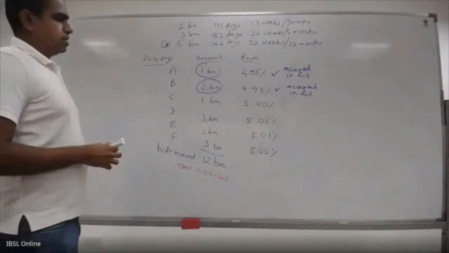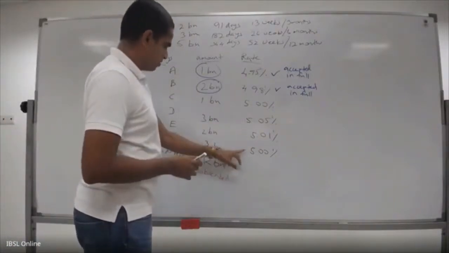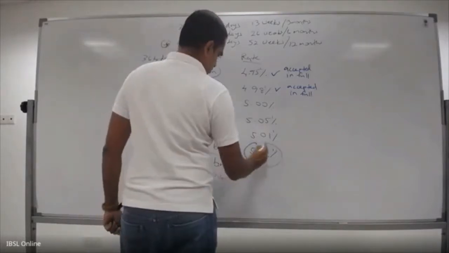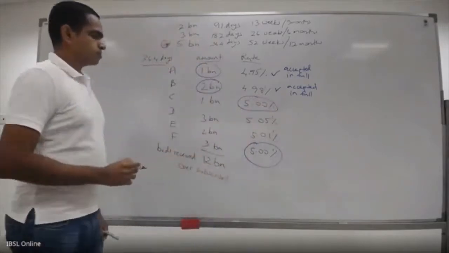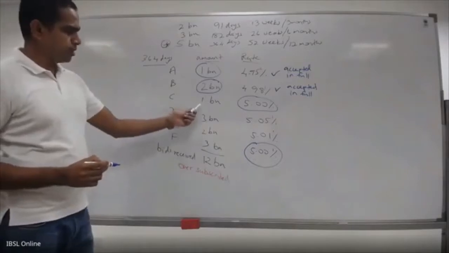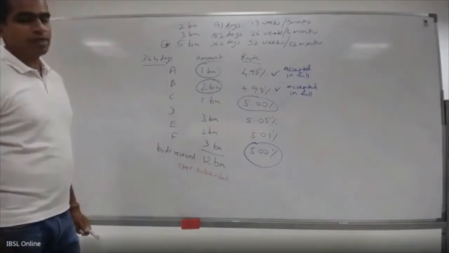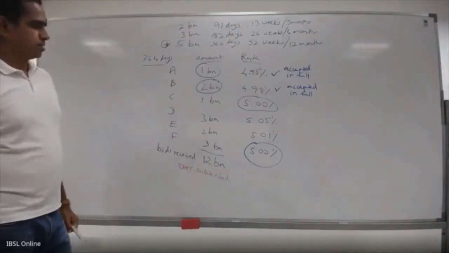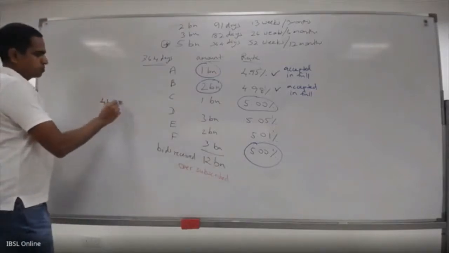So the third lowest is 5%, which is coming from F as well as from C, isn't it? Then the total amount, C is bidding for 1, F is bidding for 3. So we have got 4 billion coming at 5%. Central bank has got 4 billion at 5%.